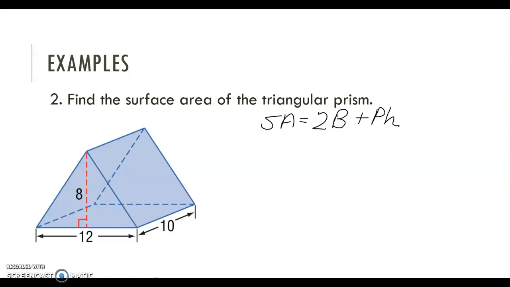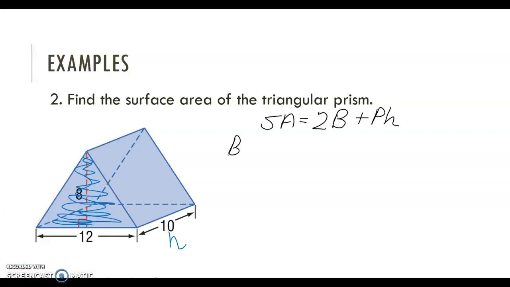So if I look at this prism, my base is, I'm just making it a different color here, the base is this triangle. So that means 10 is serving as the height of the prism, not to be confused with the height of the triangle. So now let's take a look at actually solving for some of these pieces.